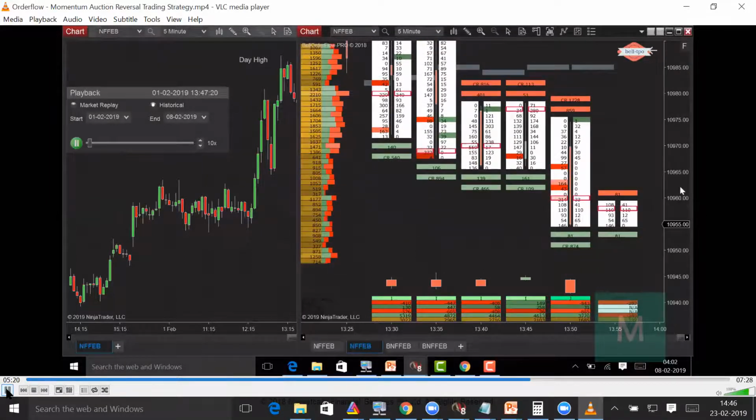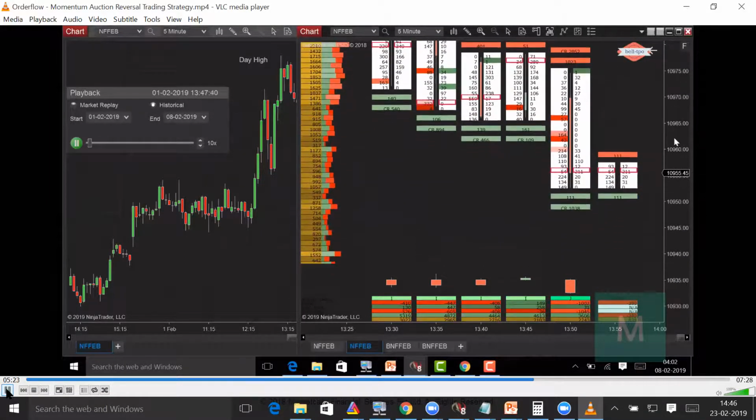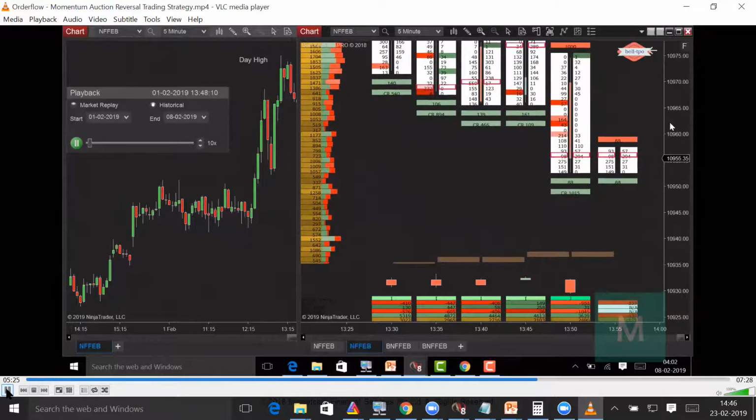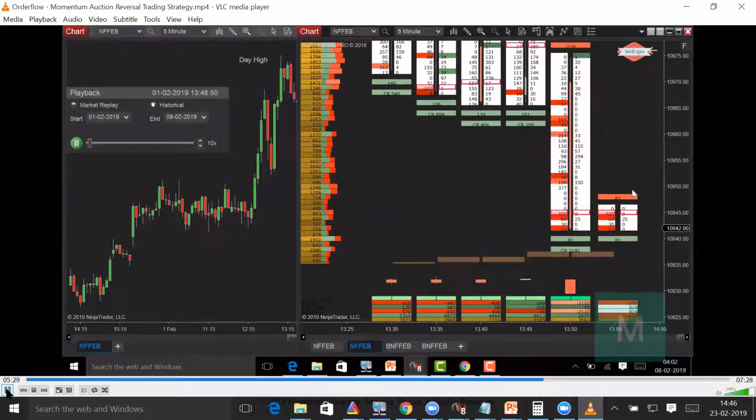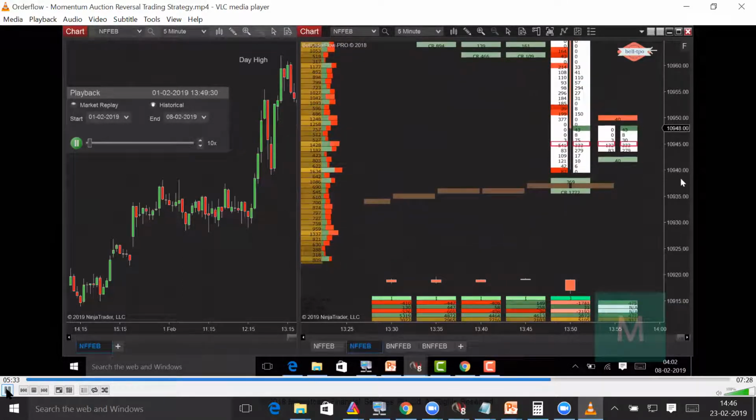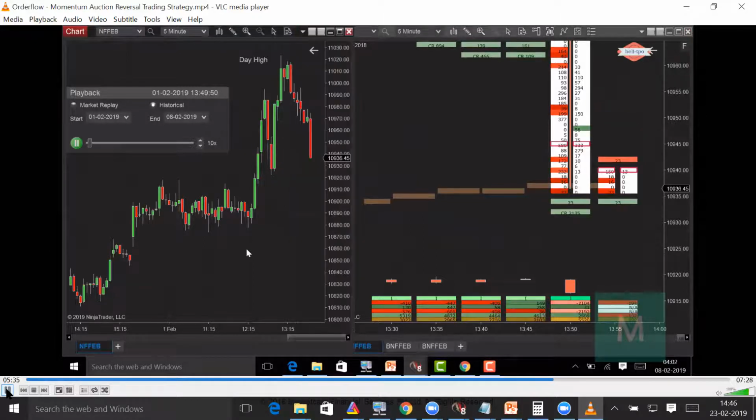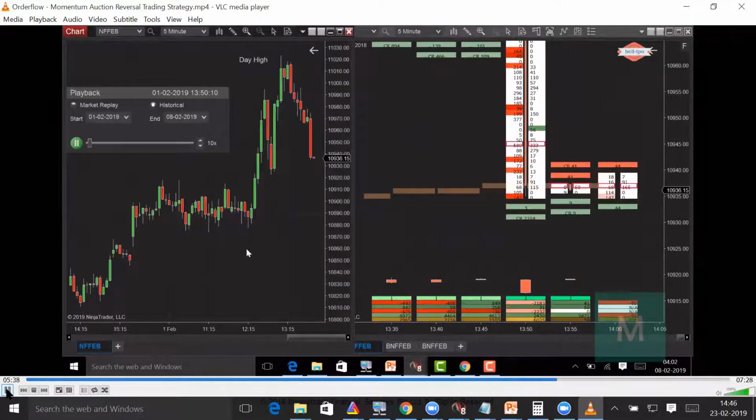Yeah, it keeps going down. The VWAP was somewhere around 10,040 levels or 30 levels, 35. Yeah. So you can see that price is traveling in low liquid zones. That means an initiative drive has happened. And yeah, so no responsive buying yet. Price is just traveling in low liquid zones.